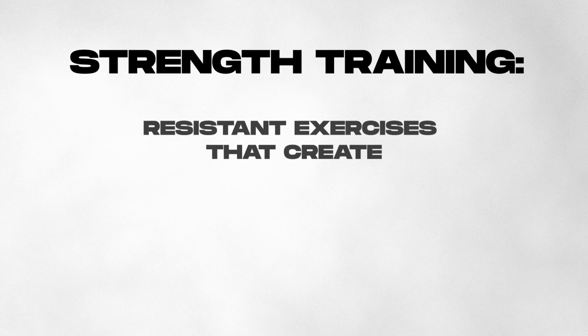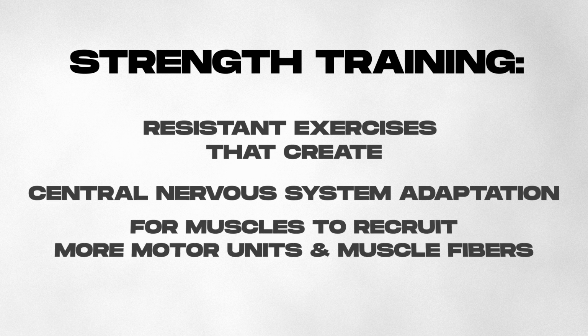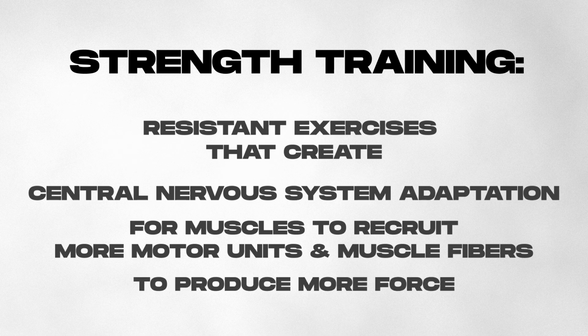Let's start with strength training. So the definition of strength training is using resistance exercises to create central nervous system adaptation so your muscles can recruit more motor units and muscle fibers to produce more force, or to be stronger. And strength training is going to allow you to get stronger without necessarily making your muscles bigger.